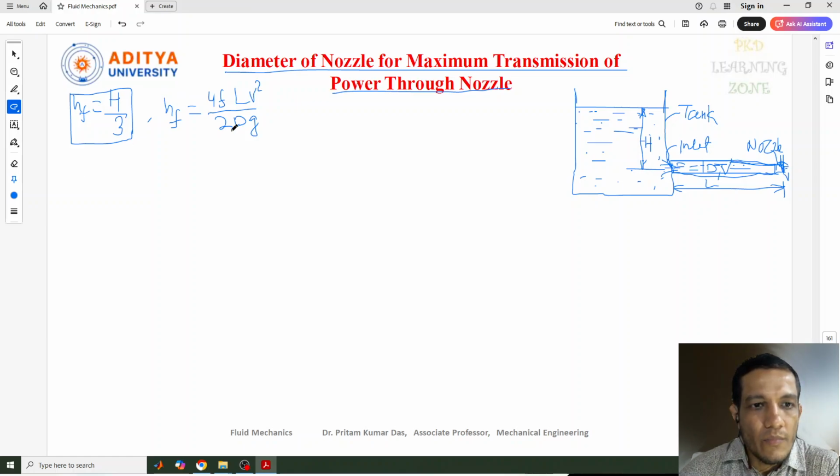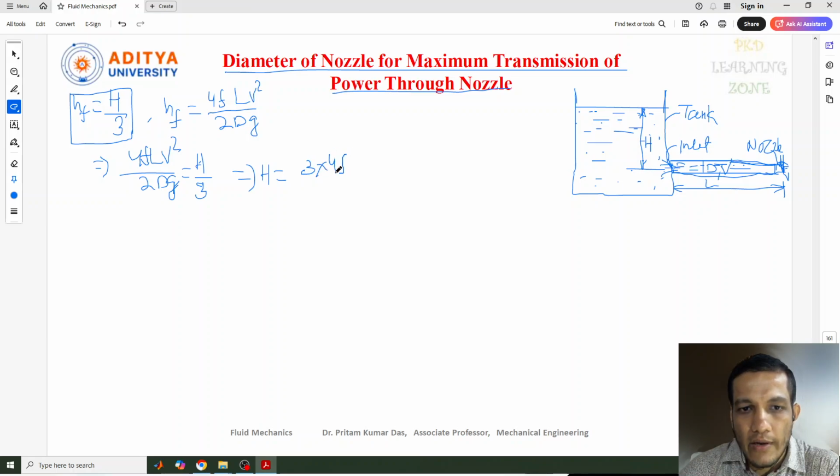If you write this value in this equation, you get 4FL V square by 2dg equals H by 3. Now if I want to write the value of H, I can write H equals 3 into 4FL V square by 2dg.